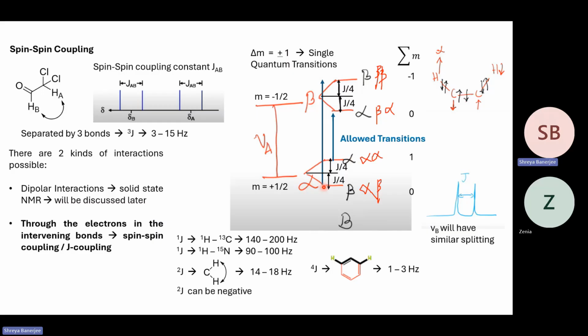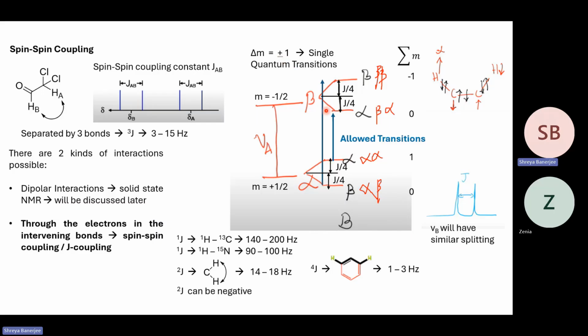So alpha beta to beta beta, it's going from 0 to minus 1. That is allowed, shown by this blue arrow. Or alpha alpha to beta alpha, 1 to 0. That is also allowed. But you cannot go from 0 to 0, like alpha beta to beta alpha, both are 0. You cannot do that, because then delta M is not changing at all, and that is not allowed. So the same selection rules still apply.